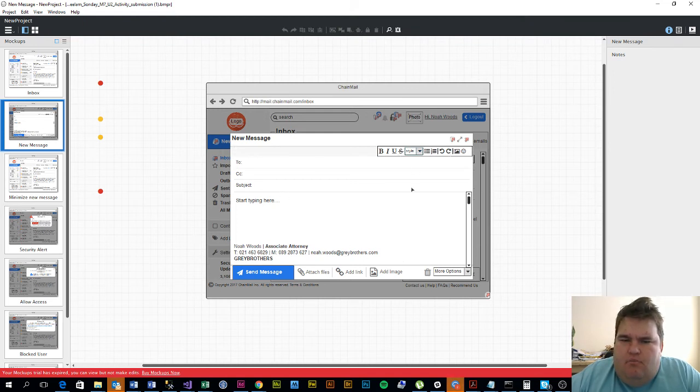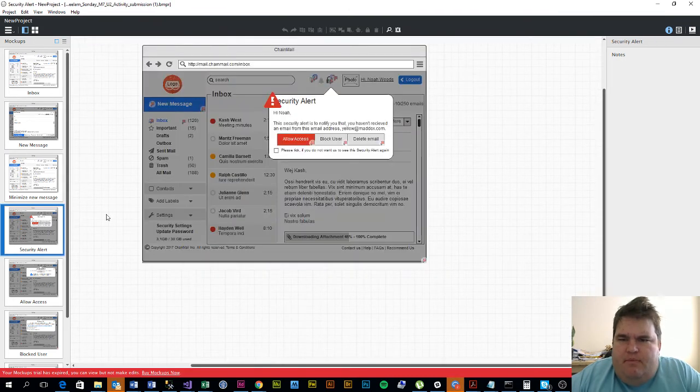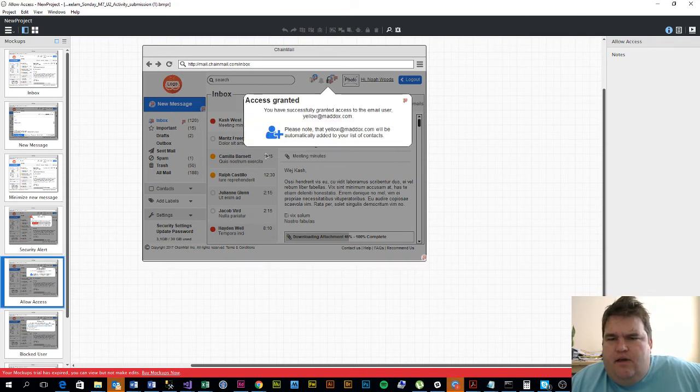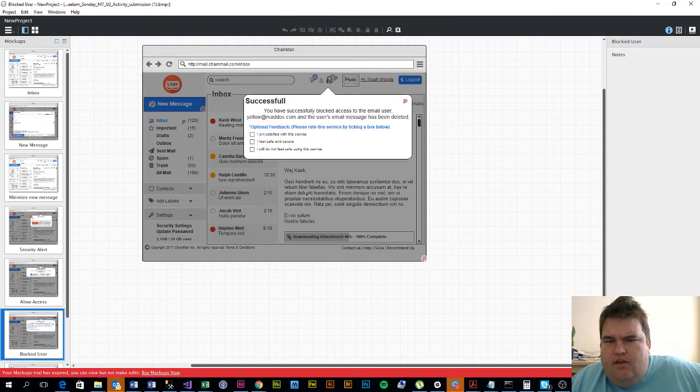This was an interesting modal pop-up paradigm, and some very clear calls to action at the bottom, which worked well. What really pleased me about this was just around how the security alerting would work. So again, an indication of there's a security issue, allowing the person granting access or potentially blocking a user.